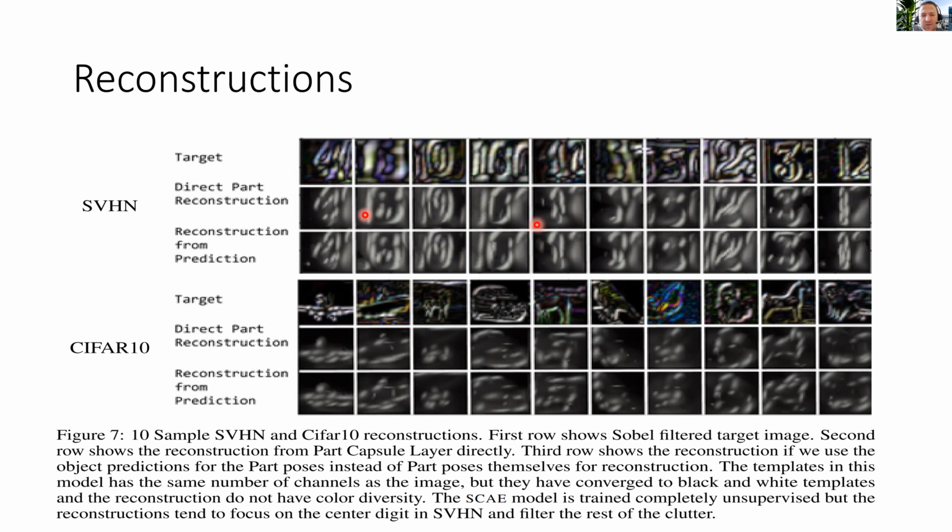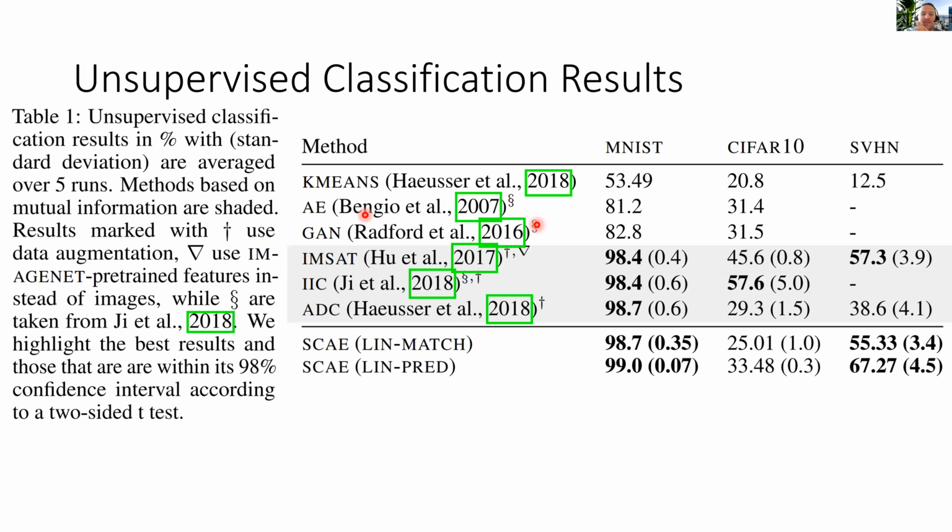SVHN is historically quite difficult on unsupervised classification so far. These are the results of unsupervised classification on the data sets that have been mentioned in the paper.